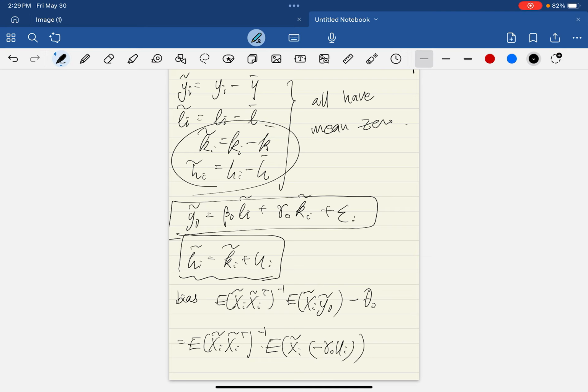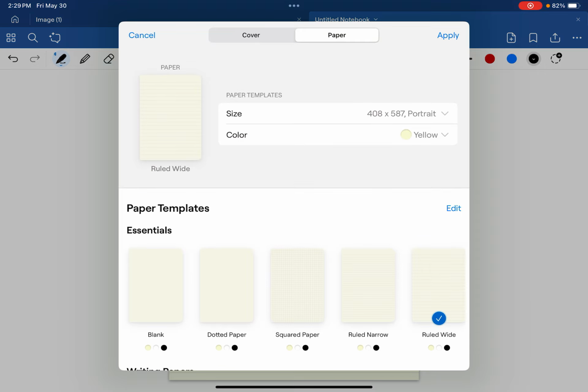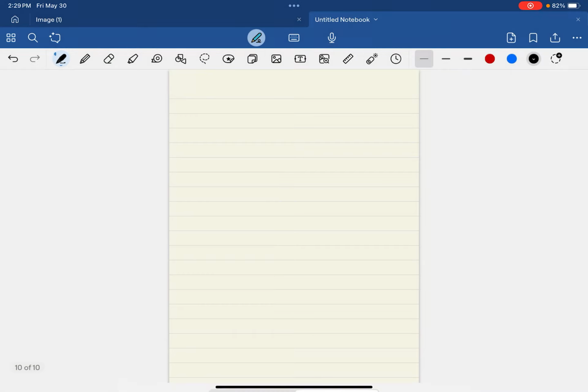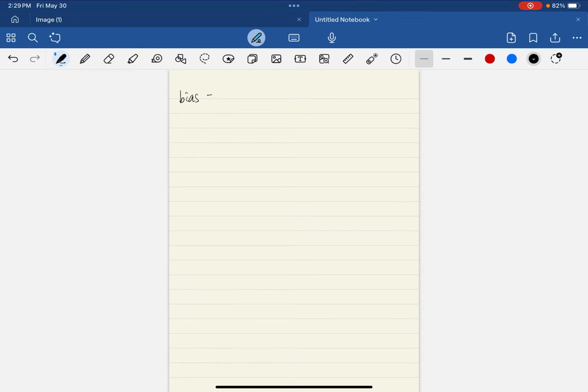This is the same thing, right? Then you get the bias as minus gamma 0, which is the same, and the expectation of x_i tilde x_i tilde transpose inverse times 0, 0, sigma u squared. Okay, and then it only remains to calculate the inverse of this, which is a 2 by 2 matrix.